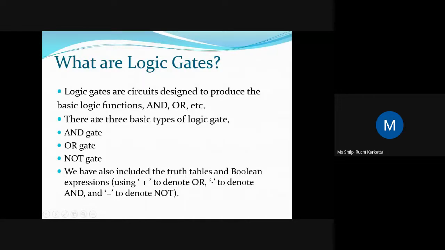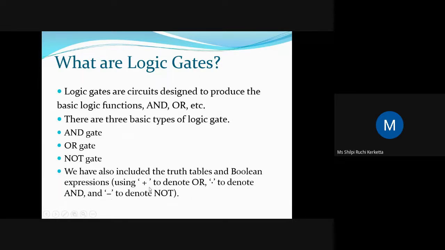So here we are using the basic types of logic gates, which are the AND gate, OR gate, and NOT gate. We have also included the truth table and Boolean expression. Plus is denoted for OR, dot is denoted for AND, and minus is denoted for NOT.